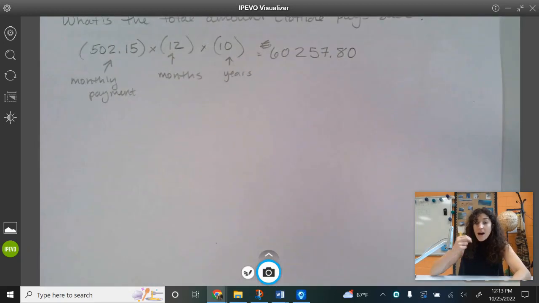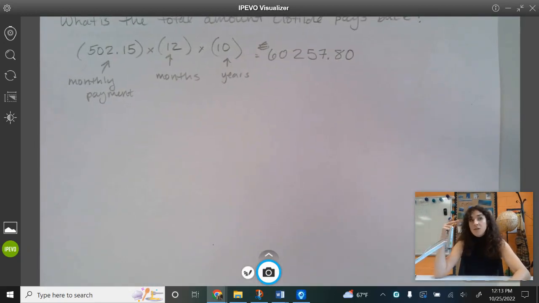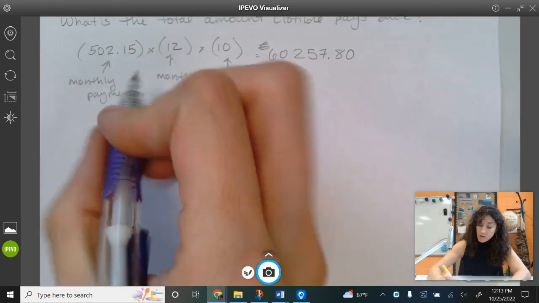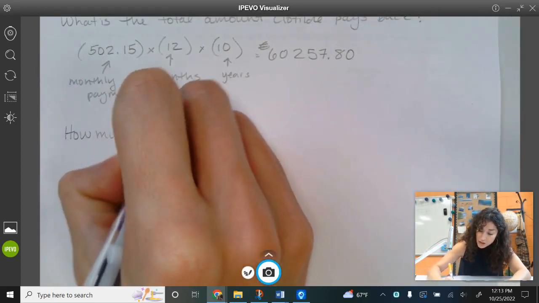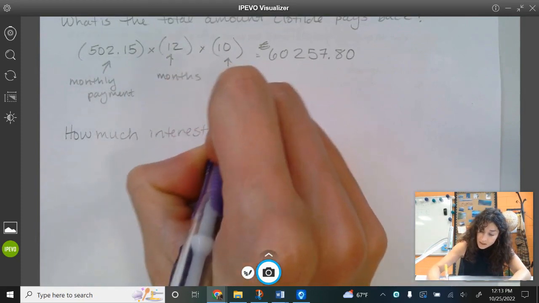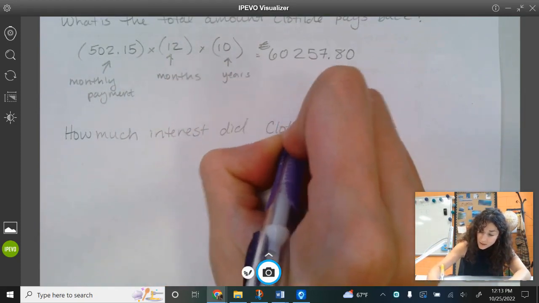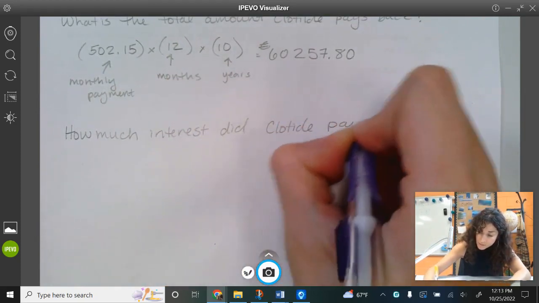So if we originally got 35,000 to pay for something, maybe it was school, maybe it was a house, maybe it was a car. If we borrowed 35,000 and we paid more than 35,000, how much interest did Clotilde pay?